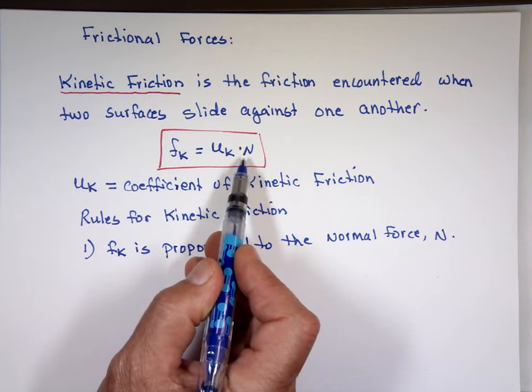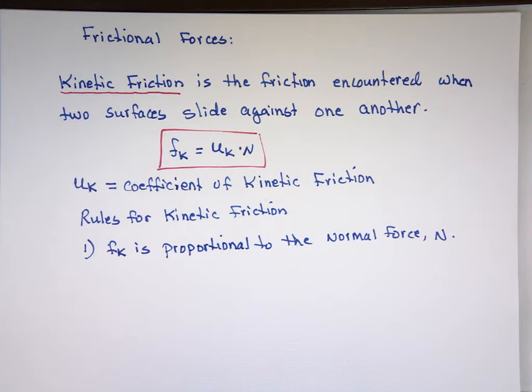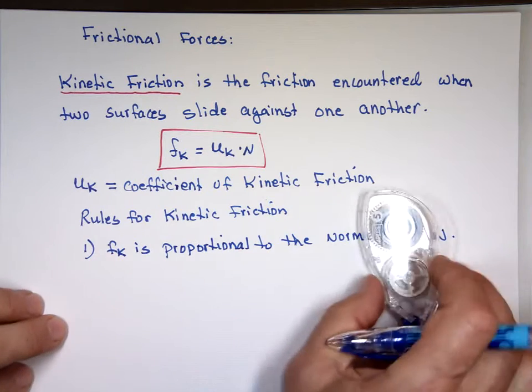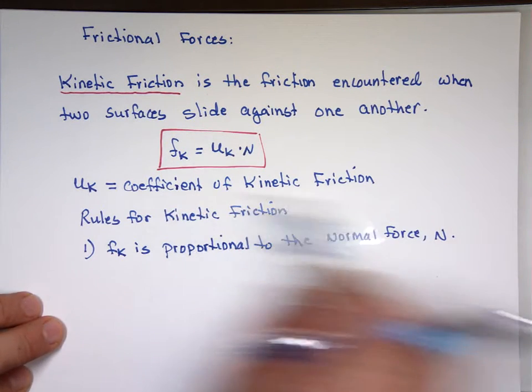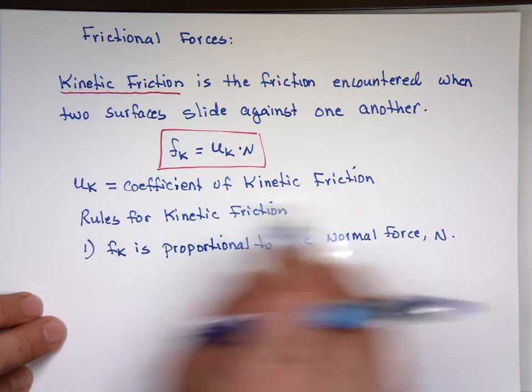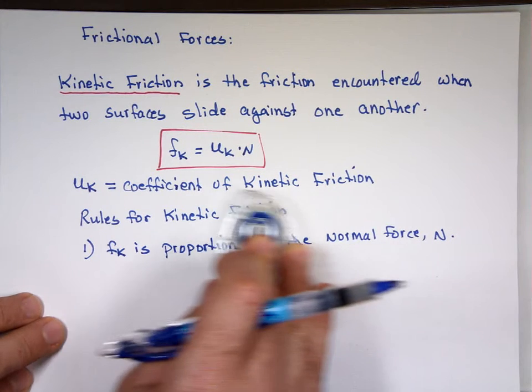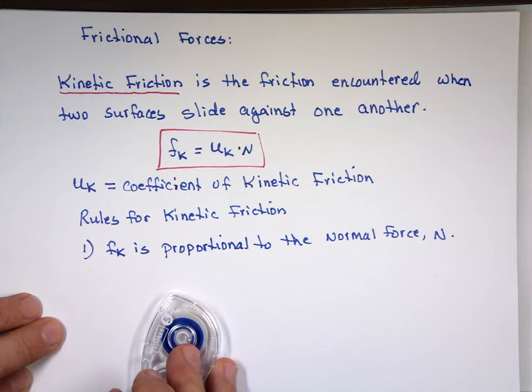If the normal force decreases, the kinetic friction will decrease. Again, we're talking about sliding this along that table. If this object is heavier, when you slide it, that friction force is larger.